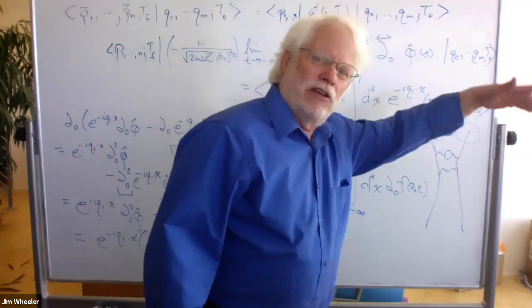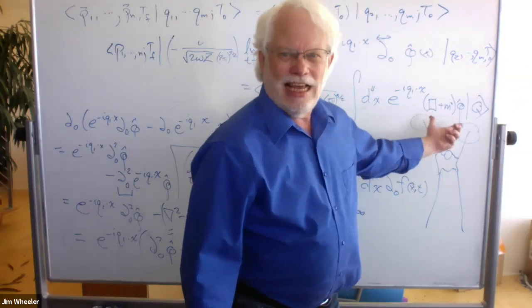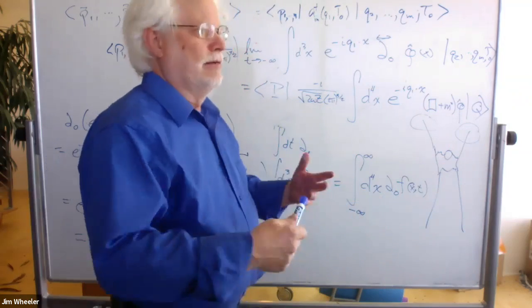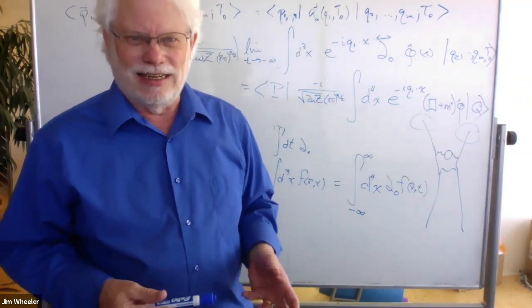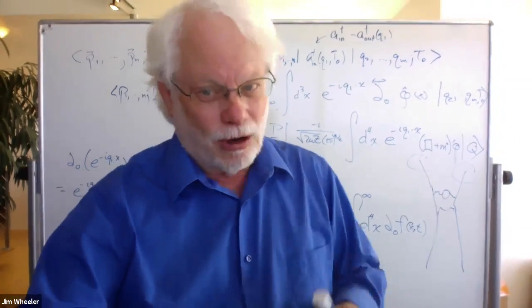Now we're going to do it for every Q and every P. So we're going to have a product of M plus N of these things sitting inside. And, who asked for something that complicated? But that's where we're headed. So brace yourselves.